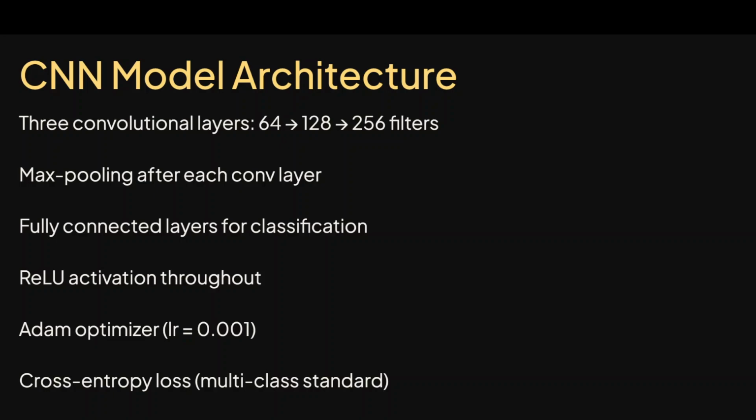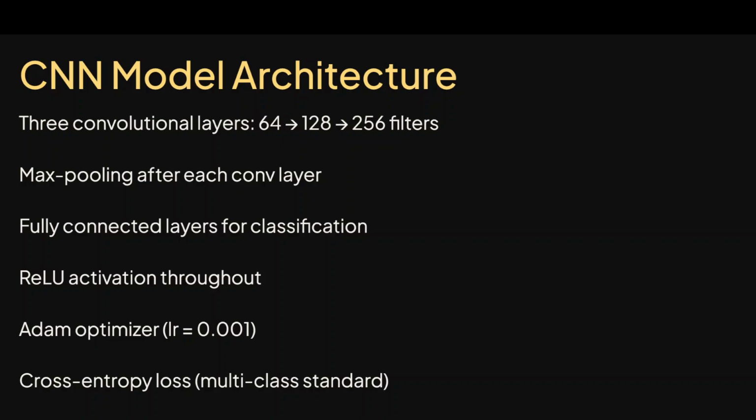We began with a model consisting of 3 convolution layers with increasing filter sizes 64, 128, 256, followed by max pooling layers to reduce dimensionality. Fully connected layers were used at the final stage, with the last layer corresponding to the number of artists in the dataset.